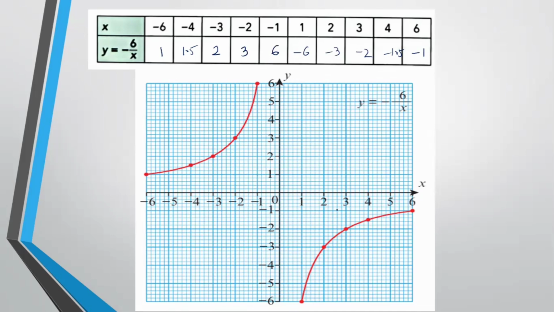And for the positive values of x: 1, minus 6, 2, minus 3, 3, minus 2, 4, minus 1.5, and 6, minus 1, and this is the graph ready. So whenever the value of a, the coefficient, is negative, you will get the graph in the second and fourth quadrants.